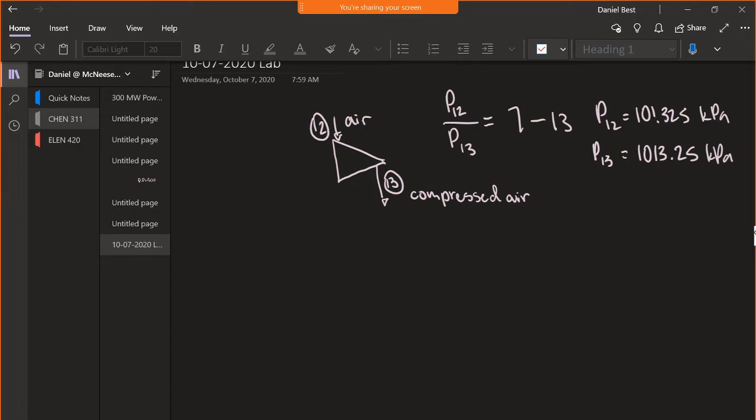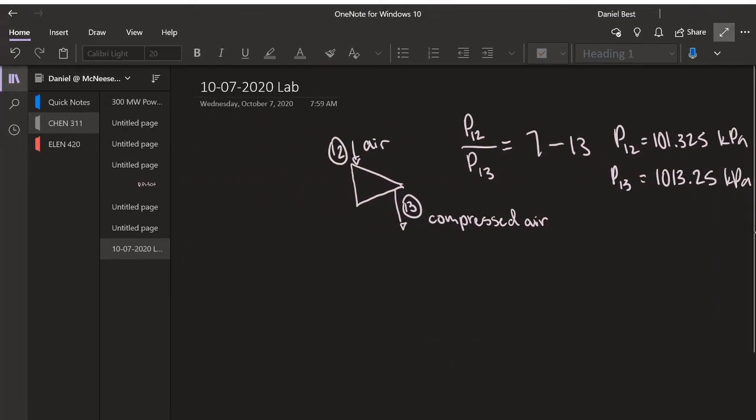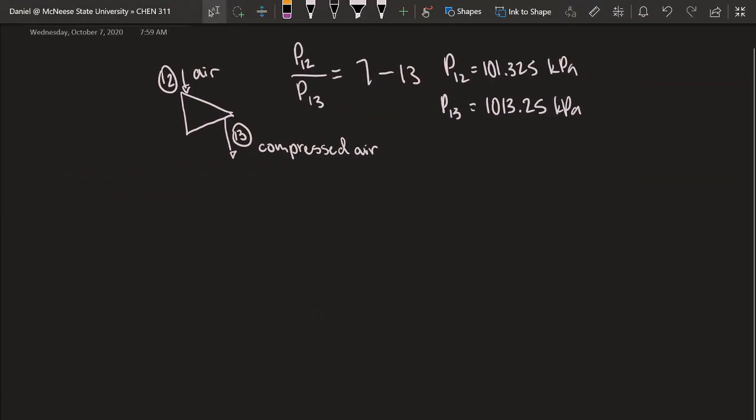Y'all figure out what works best for y'all. I think it'll look like a bell curve or something like that. I could be wrong. It depends on the pressures, but assume something, and I'm fine with it.